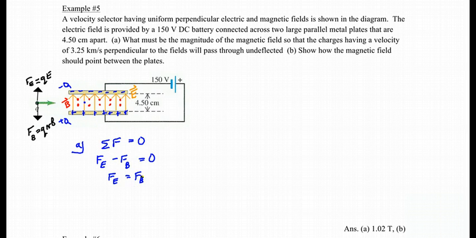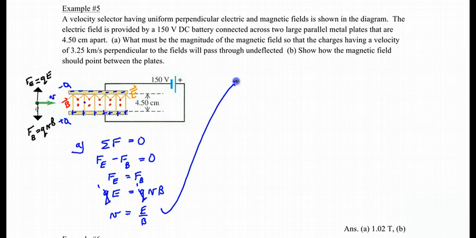Now the magnitude of the electric force is equal to Q times E, and the magnitude of the magnetic force is Q times V, the velocity of this charged particle, times the strength of the field B. And you can see that the charge Q cancels out. And so then the velocity of this charged particle is equal to the ratio of the electric field to the magnetic field.